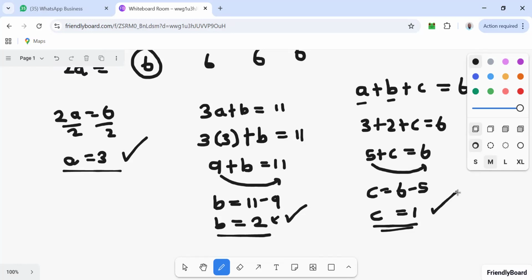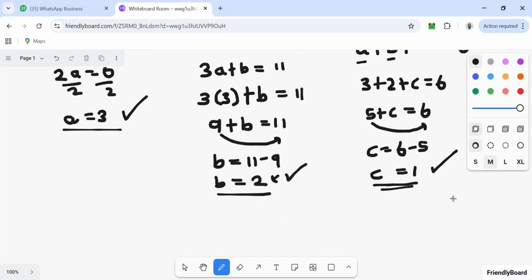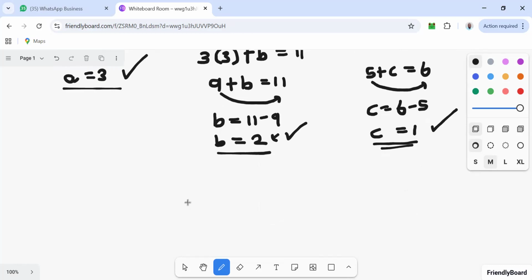The next thing that I'm going to do is write down the general term form of the quadratic number pattern, which is Tn is equal to an squared plus bn plus c.